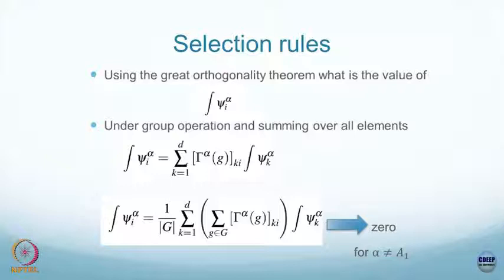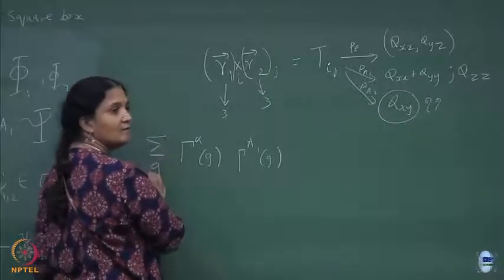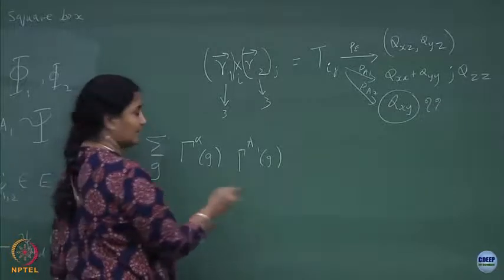Because the unit representation matrix elements are all 1, right. Are you all fine with that? You remember? So, you can take this gamma alpha of G, then gamma A1 of G, summation over G, okay. So, it is exactly the same as that.